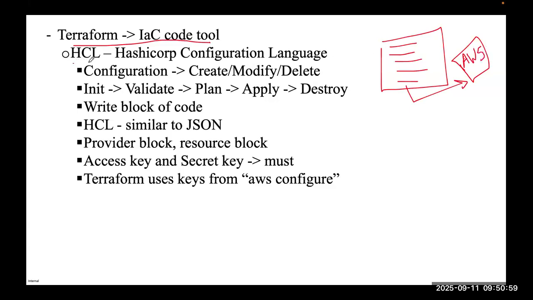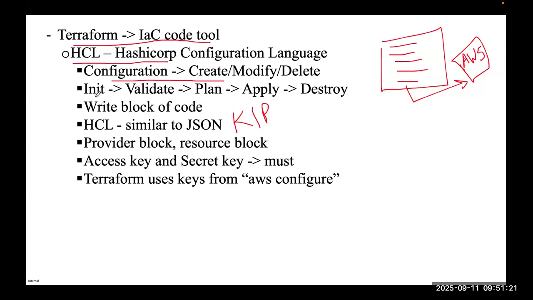The code that you're writing will be similar to a JSON format, which is key-value pairs. So there will be a key and a value. It's a configuration language. You can create, modify, or delete any resources.